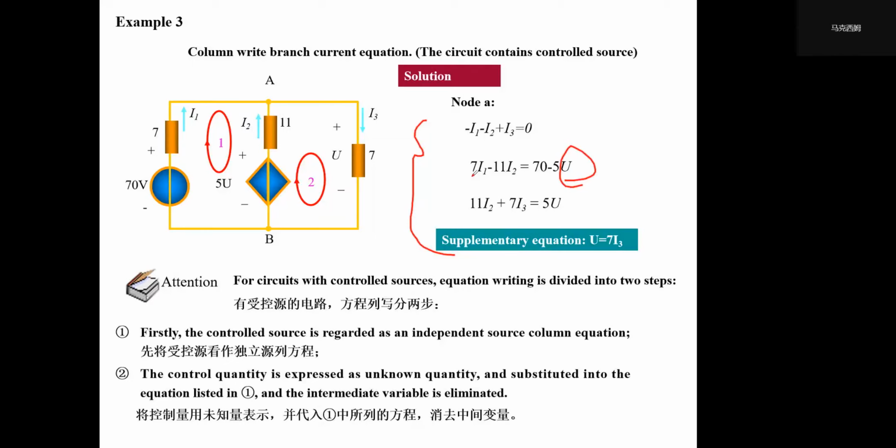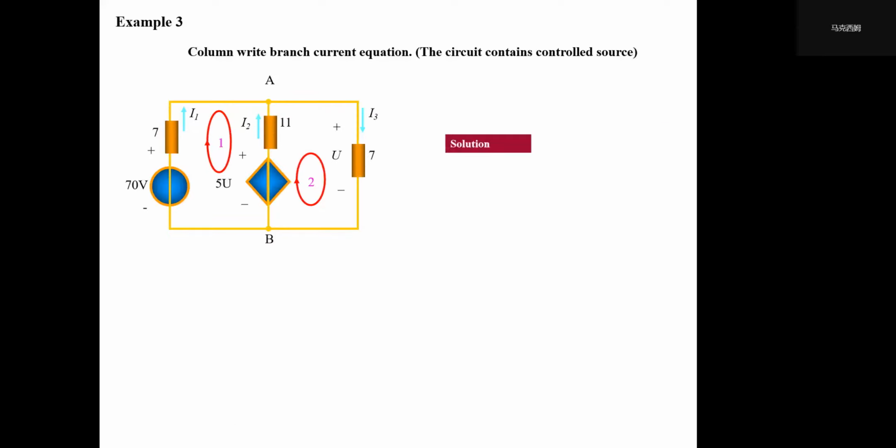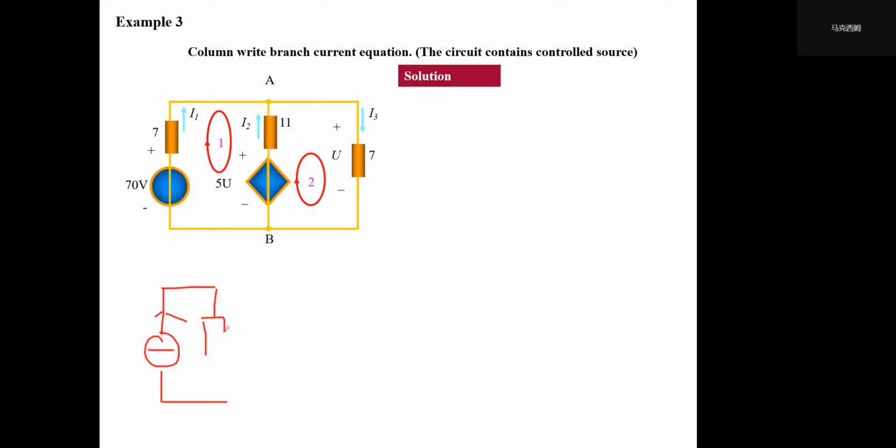Of course, we have several other methods to do it, right? We can just transform this kind of stuff. This is the first branch. This is the second branch.